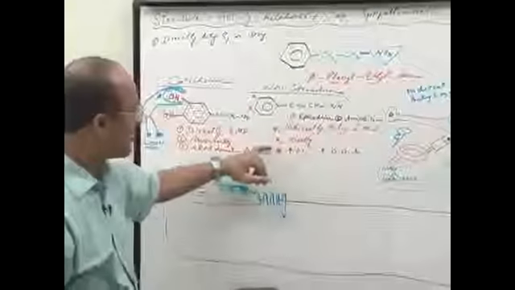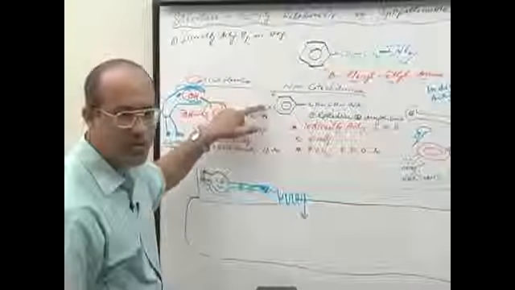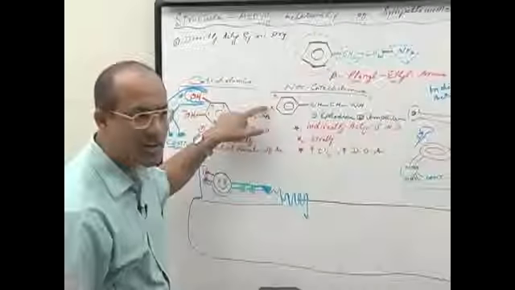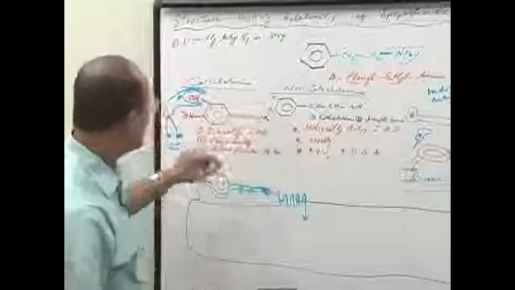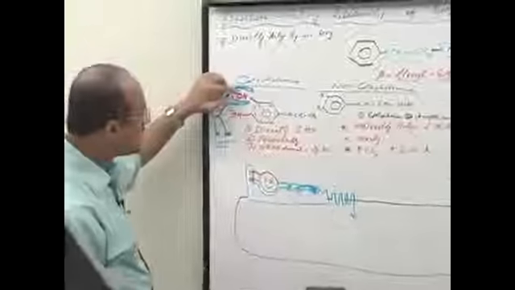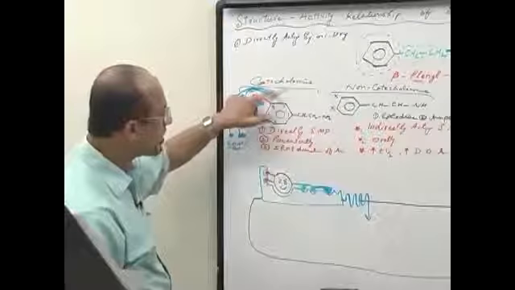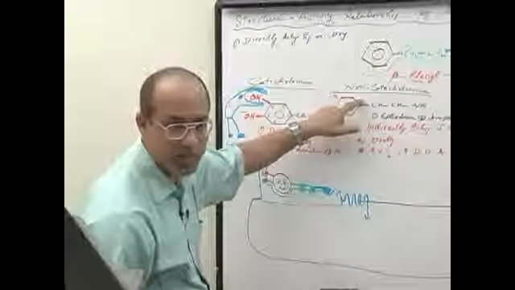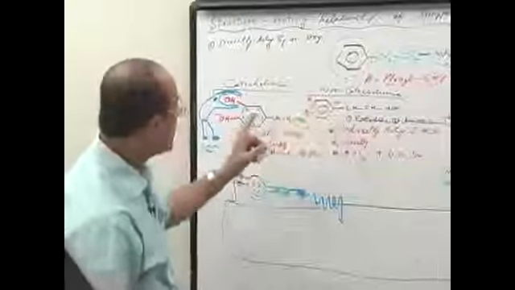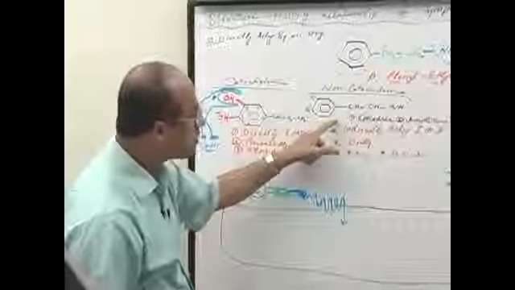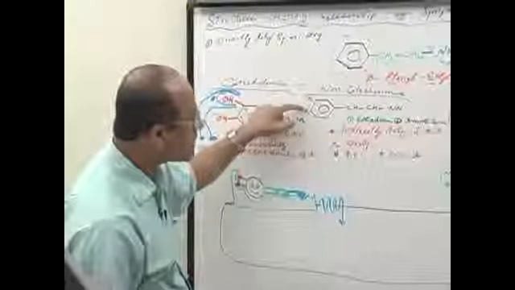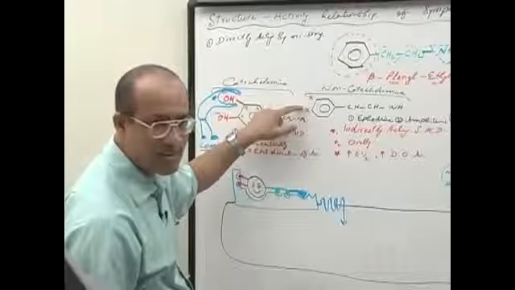Now you understand. Three things we have learned. You remove these two hydroxyls. Number one, you convert the direct acting drug into an indirect acting one. When you remove these two hydroxyls, you convert catecholamine into non-catecholamine, which is less polar.